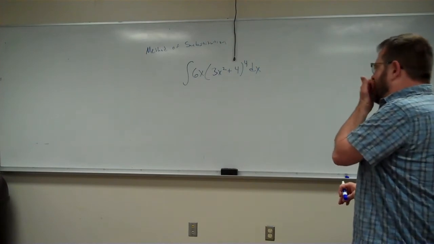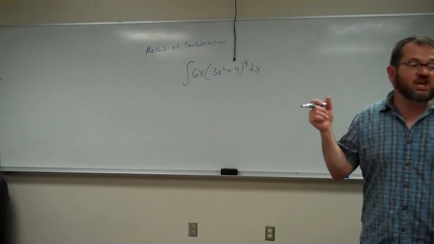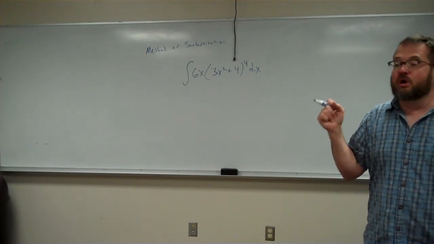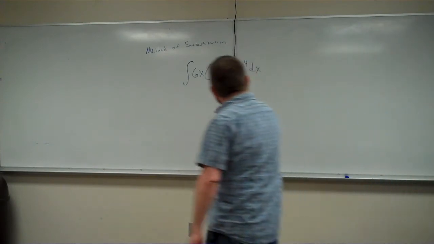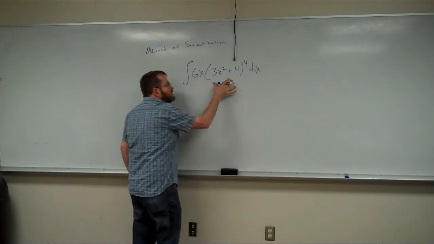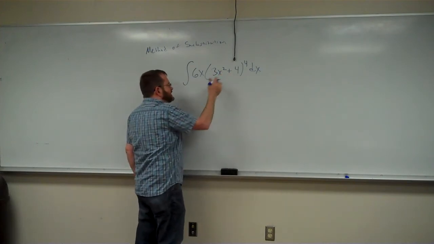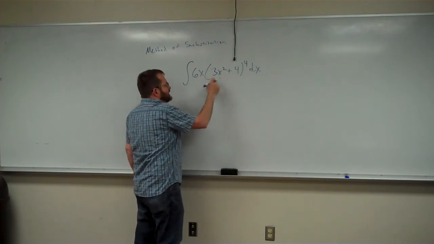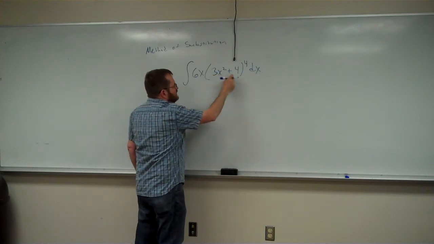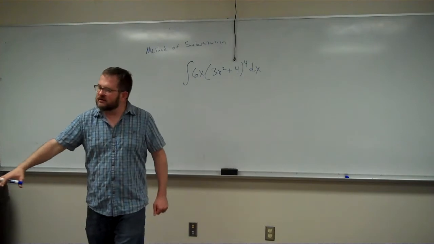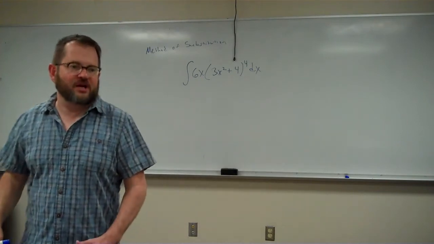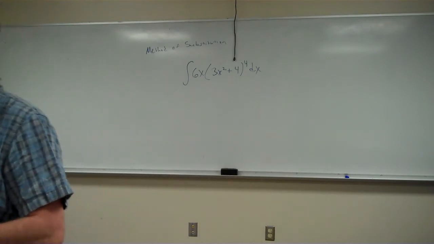Now, one thing you could do, which would be horrible, is you could just expand this out. You could take the 4th power of this, write it all out as 6x times (3x squared plus 4) times (3x squared plus 4), and FOIL the heck out of all that, and have some horrible looking equation, but it would just be a polynomial.